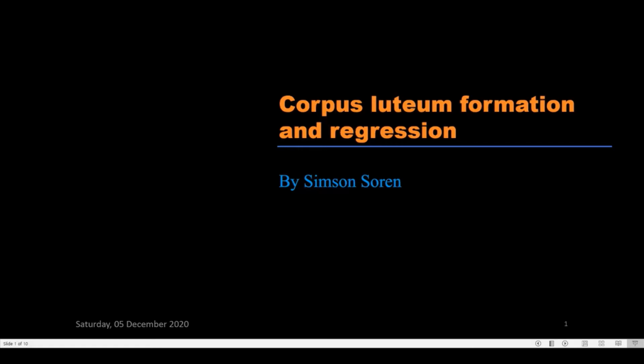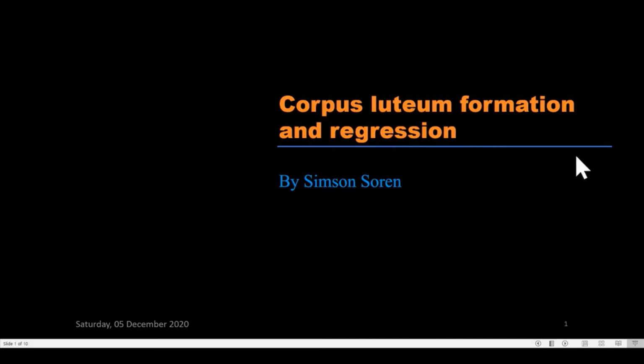This corpus luteum becomes the source of progesterone, the pregnancy hormone, which maintains pregnancy in domestic animals. In some animals it is the source of progesterone throughout the pregnancy, and in others it plays a very significant role as the source of progesterone in early pregnancy.